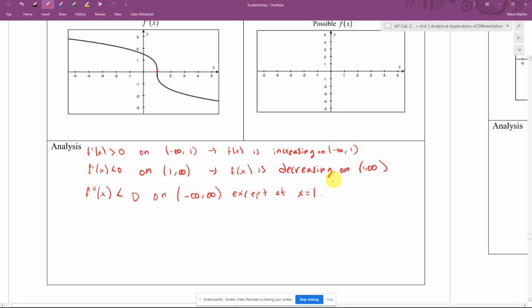So we're going to say that our graph is always concave down. So f of x is concave down from negative infinity to positive infinity, again with the exception of 1.